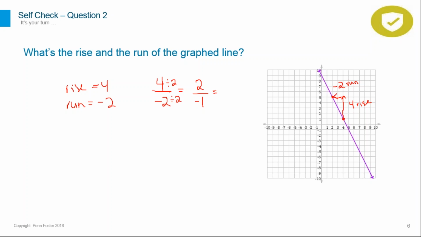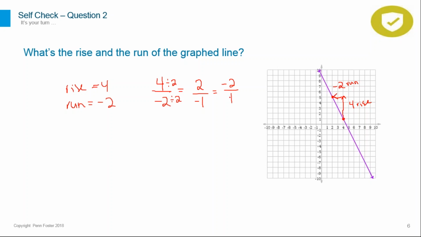To put the reduced fraction with a negative denominator in simplest form, we need to switch the negative sign to the top. So it will be -2 over 1. It will not change the value of the fraction from this one to this one. It's the same value, but this will put the fraction in the simplest form.